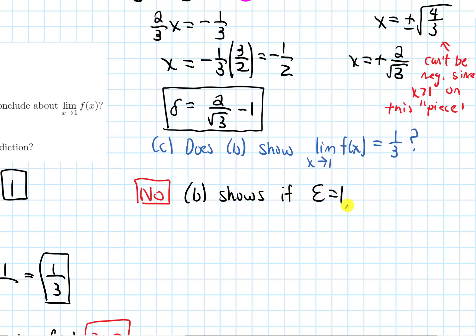that if epsilon equals 1, we can find a delta that works.